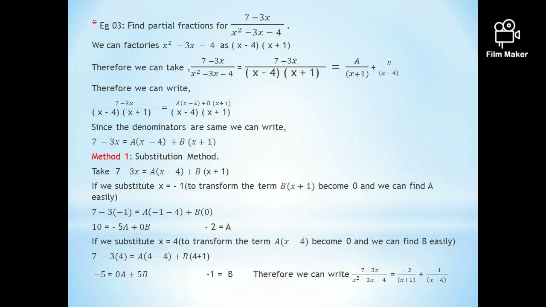Then we can write (7 - 3x) over (x squared - 3x - 4) as (7 - 3x) over (x - 4) into (x + 1). In the same format you can write a over x + 1 plus b over x - 4.